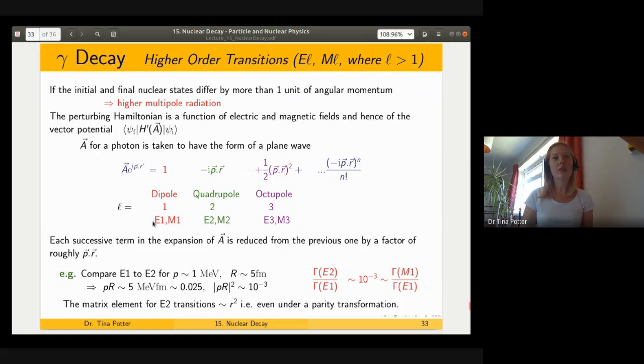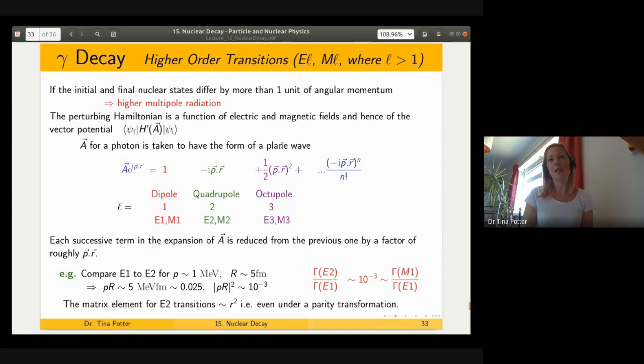So let's have a look at our Hamiltonian from this photon exchange. This is just electromagnetism, right? We can have a look at it in terms of its vector potential, A here, acting on the initial state to the final state. And we can have a look at the wave function for this vector potential, and we can expand it. It's just a simple plane waveform.